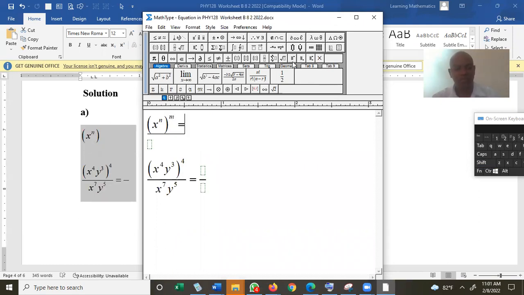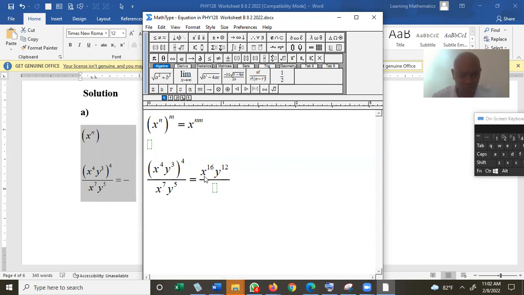What you basically do is multiply the exponents. Okay, so you're going to apply this rule to x to the 4, y to the 3 raised to the power of 4. So you're going to have x to the 4 times 4 is 16, and times y raised to the power of 12.